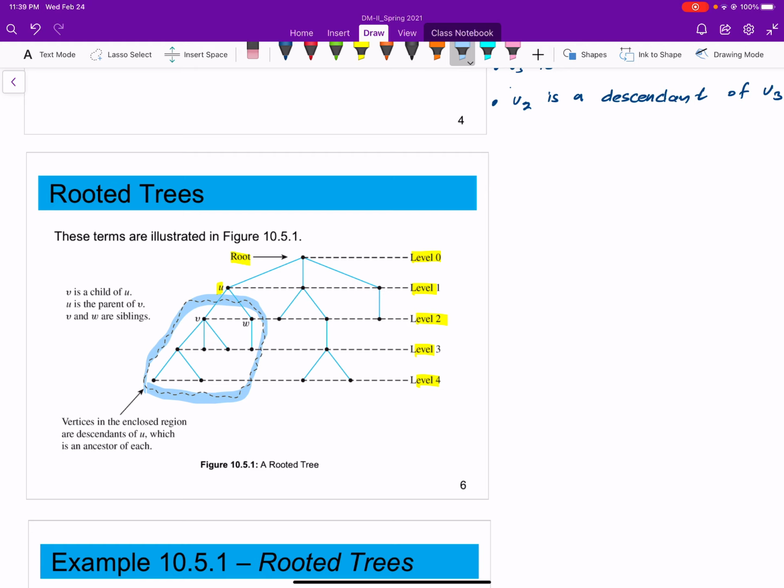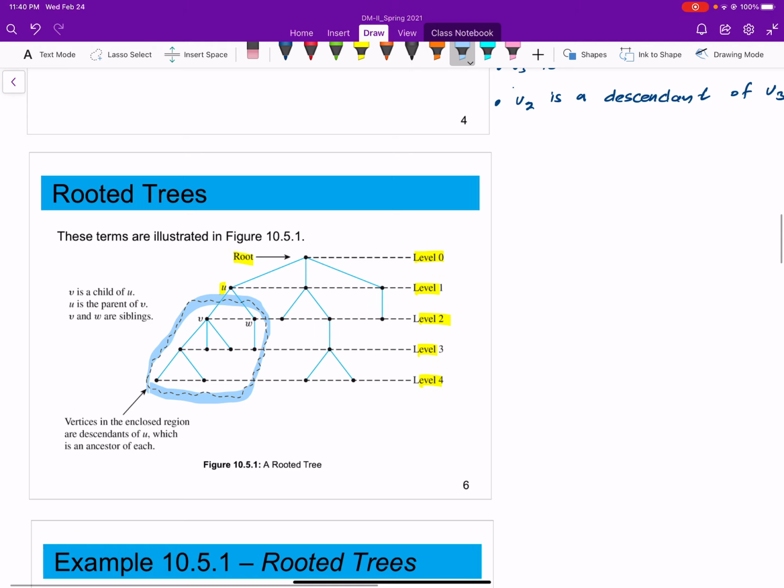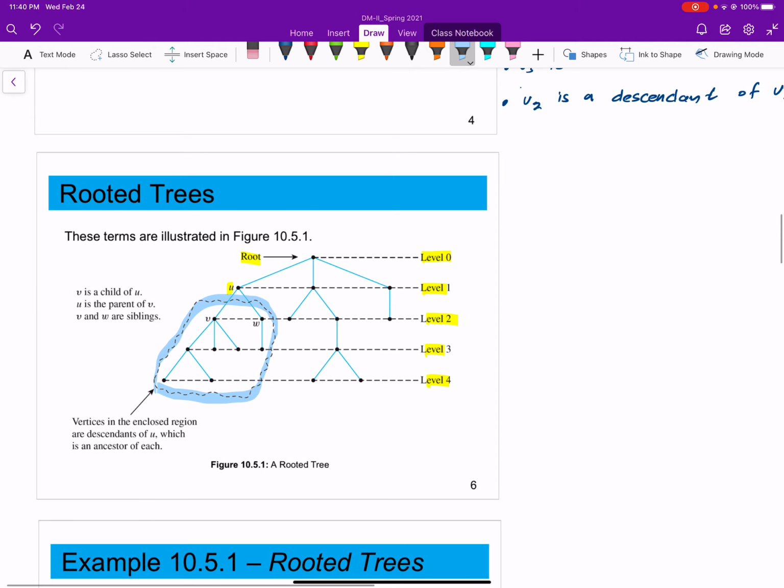This part, all the vertices in this part are descendants of U. Okay, all those are descendants of u. That means after u exist, every other vertex below here became exist. So that means they are descendants.